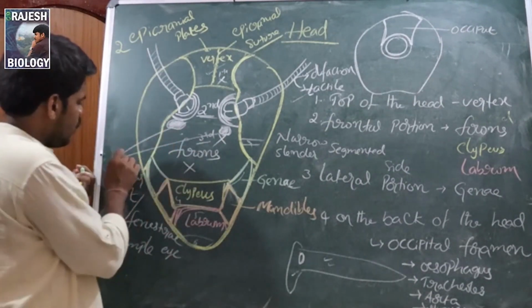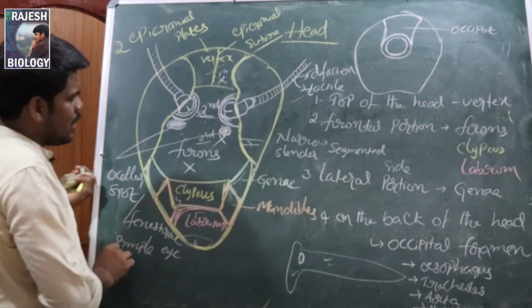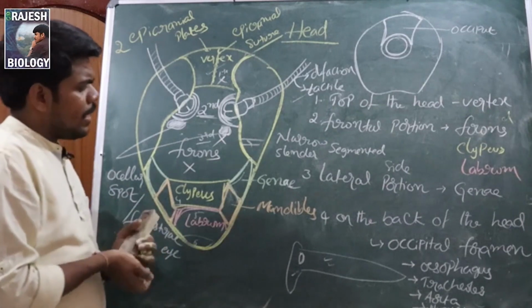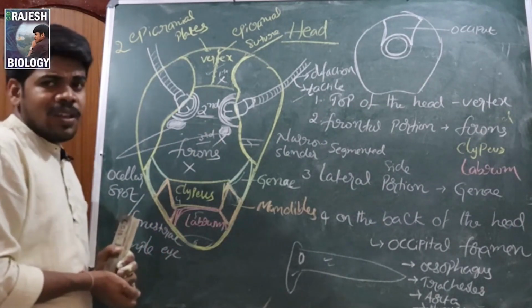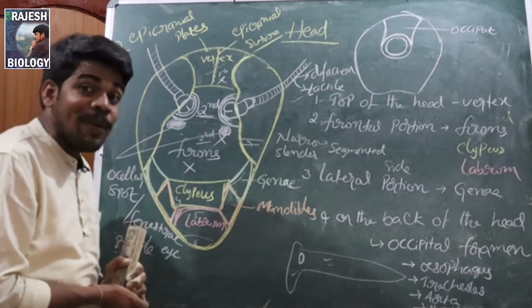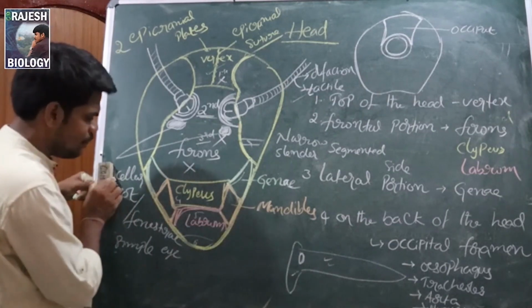Come back. So this is ocelli, fenestra or simple eyes. This is about the frontal portion. Now we'll discuss the segments and the appendages present in them. So I'll erase this diagram.